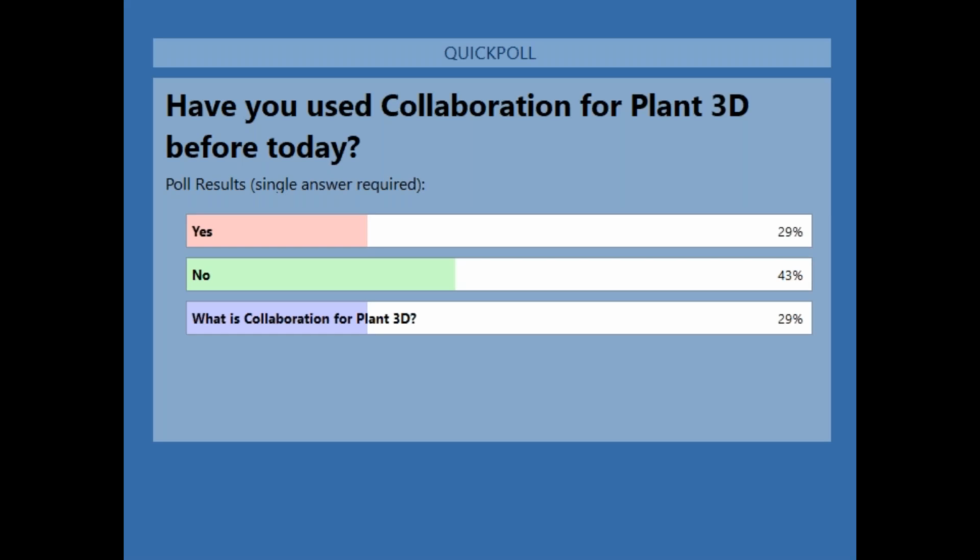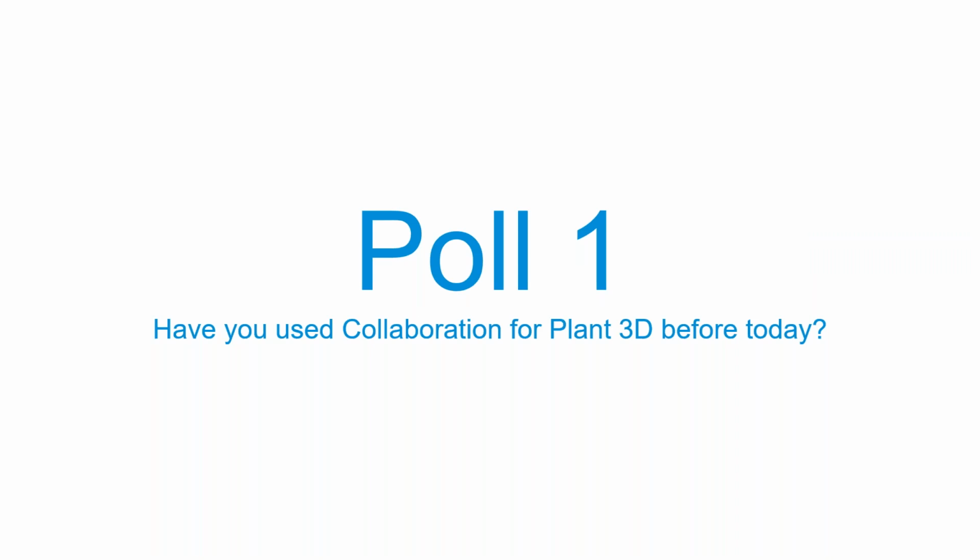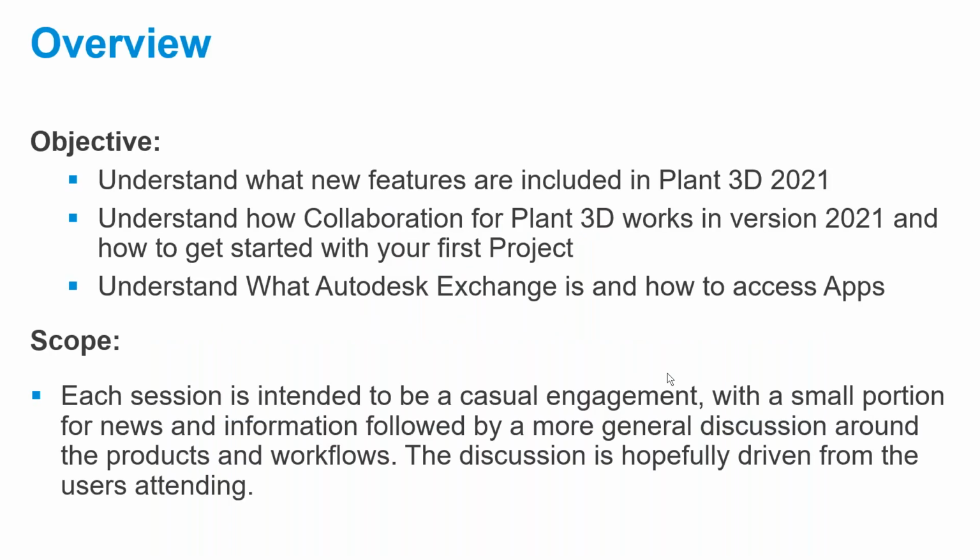So it'll be good. We'll do an overview today, and you'll get to see the new system that we've got set up here, the new platform. I'll go ahead and turn that off and go back to PowerPoint here. So, an overview of what these sessions are about, if you've never joined before.